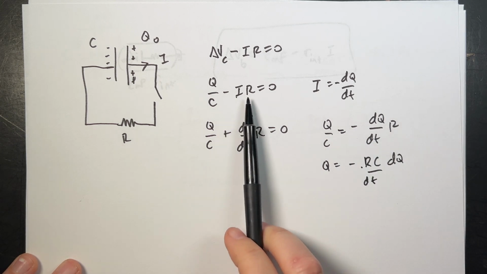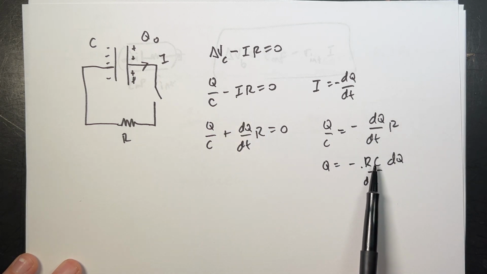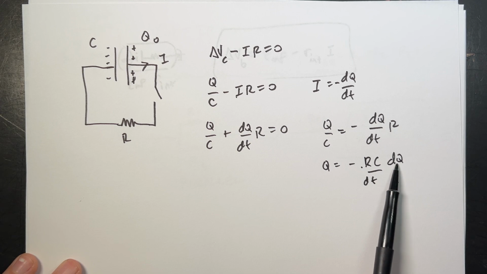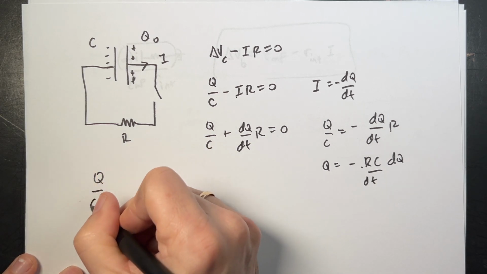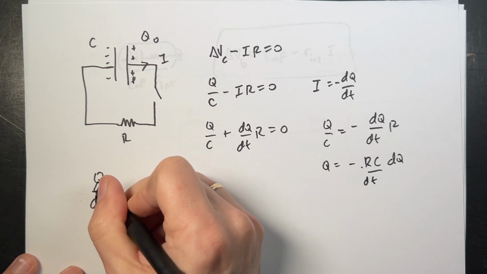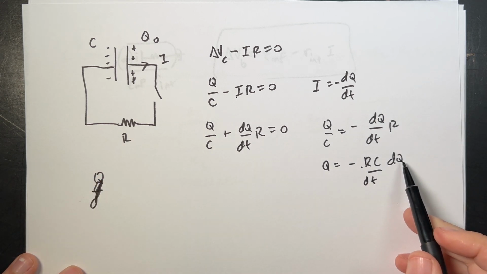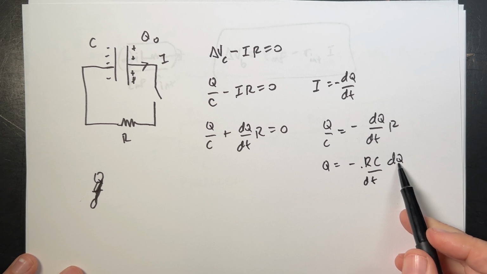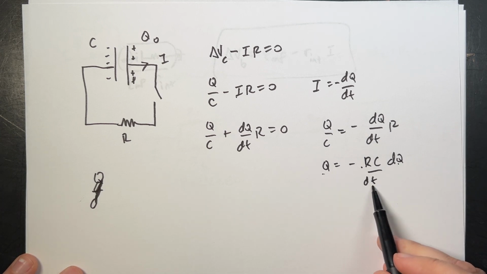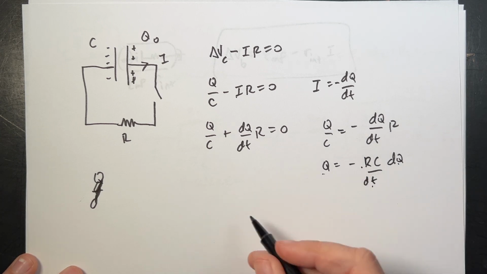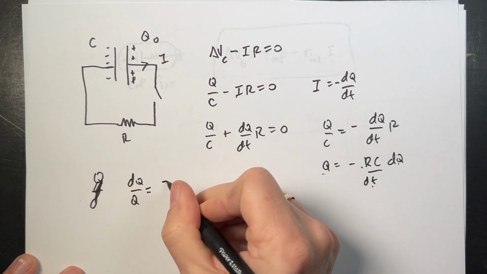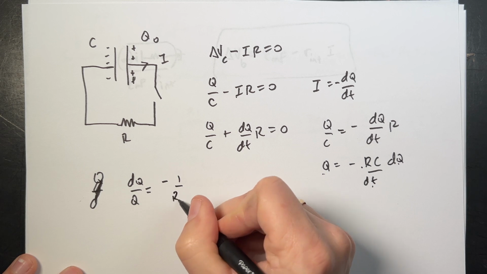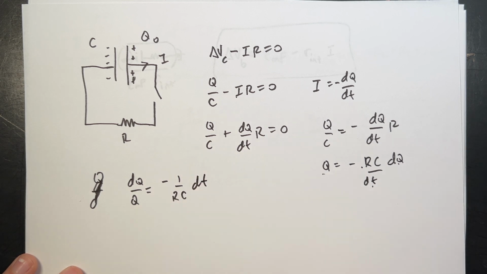Is that right? Yep. Okay. So now I'm going to divide both sides by dq. No, I did this backwards. I'm going to solve for dq. So let's divide both sides by q, and then divide both sides by this. I get dq over q equals negative 1 over RC dt.